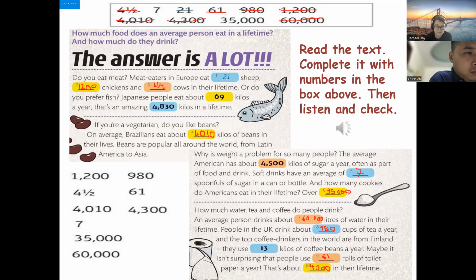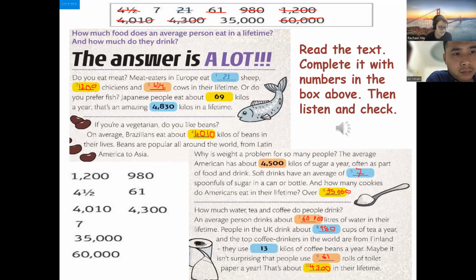If you're a vegetarian, do you like beans? On average, Brazilians eat about 4,010 kilos of beans in their lives. Beans are popular all around the world, from Latin America to Asia. Why is weight a problem for so many people?